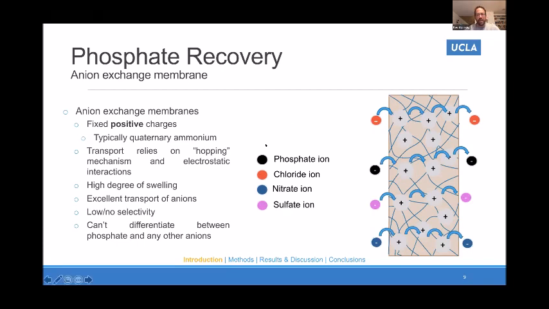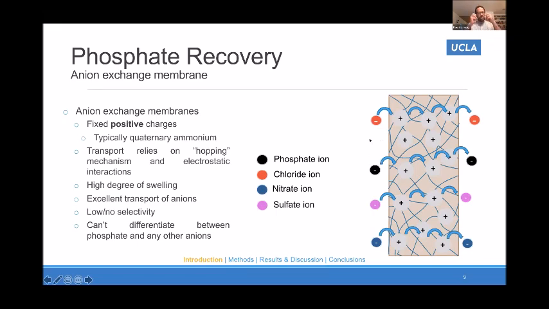separation. So again, if we have a standard anion exchange membrane, this is your membrane material, and it has all these fixed positive charges, typically quaternary ammonium, and you have your various anions on the feed side, and there's some sort of transport force that will drive these ions to cross the membrane through that hopping mechanism.